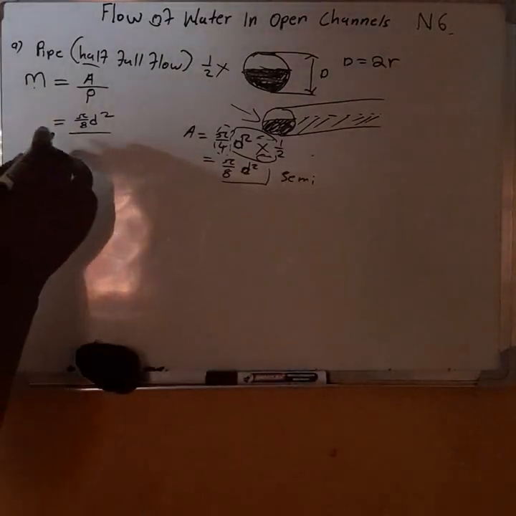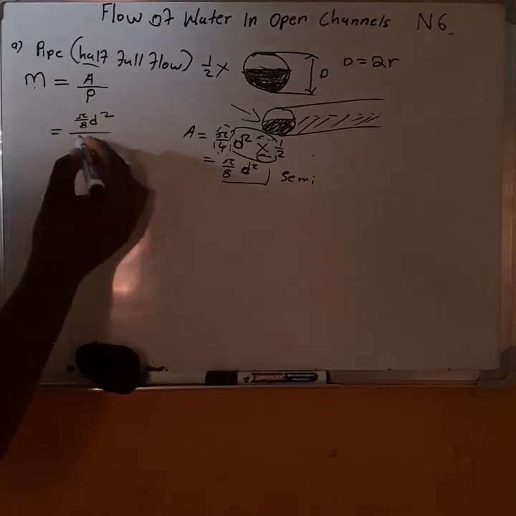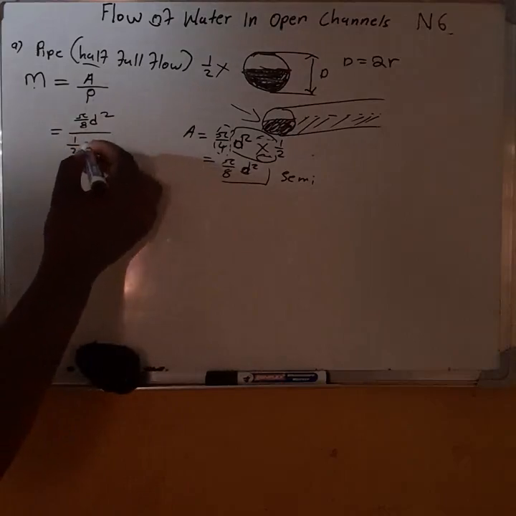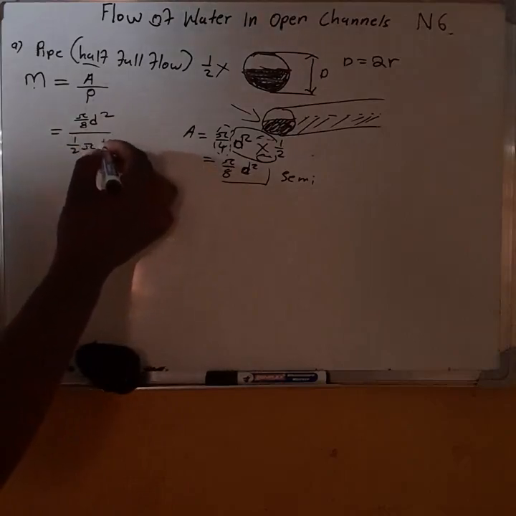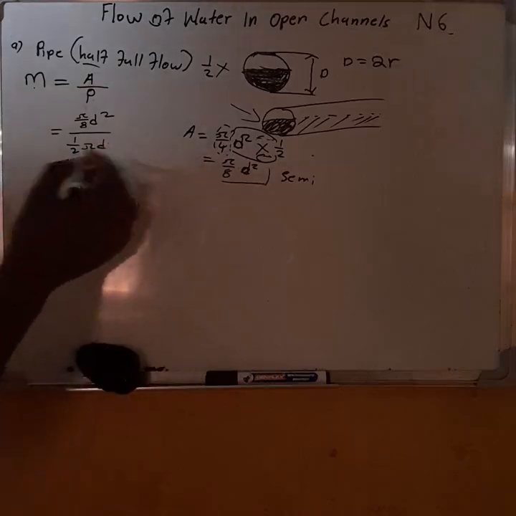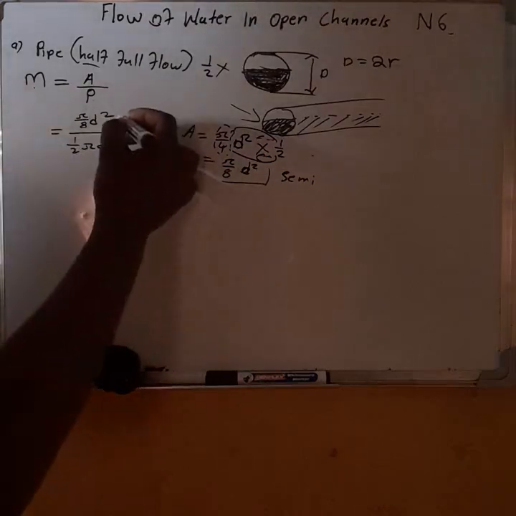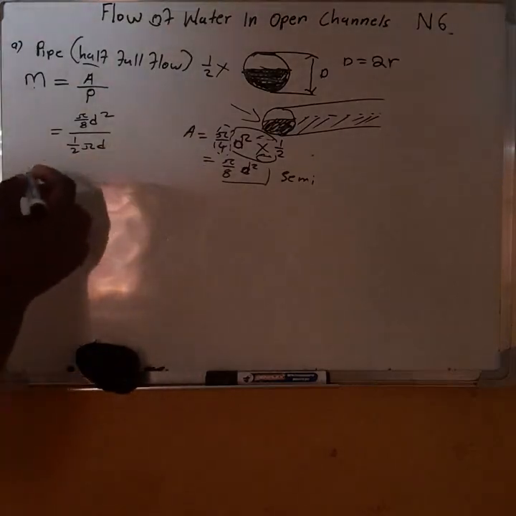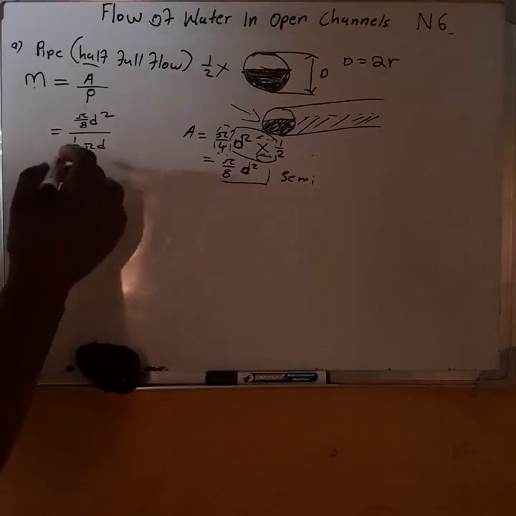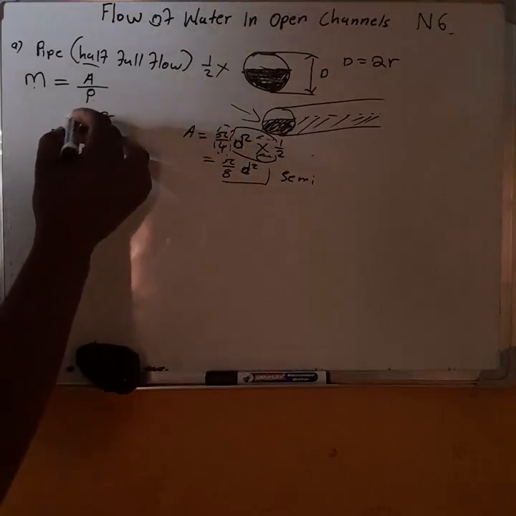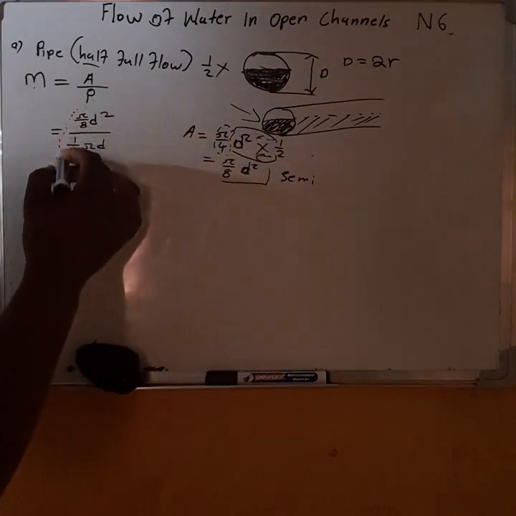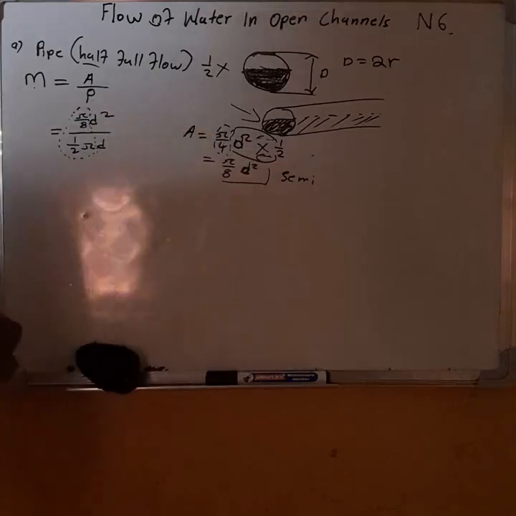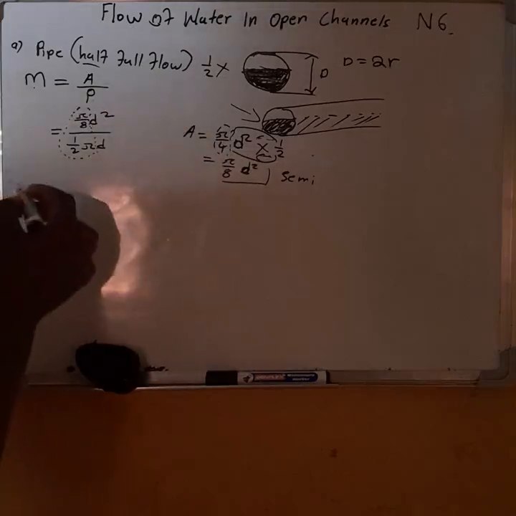So we know the perimeter here is 1/2 pi d because it's a half. The area is also a half. Mathematically, you punch this on your calculator because these are constants, and then divide.